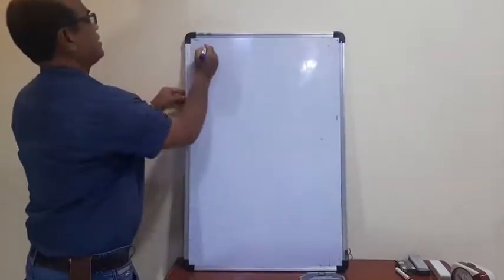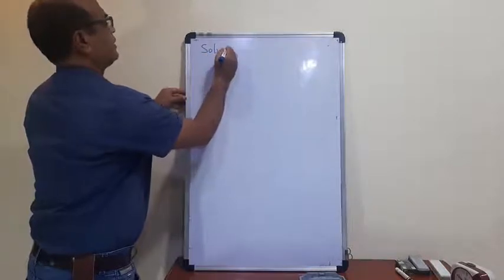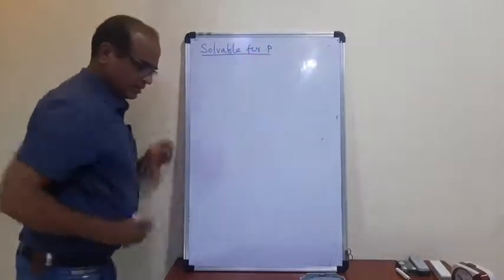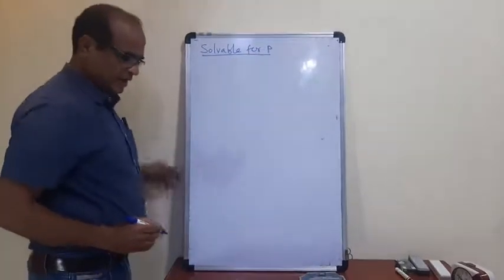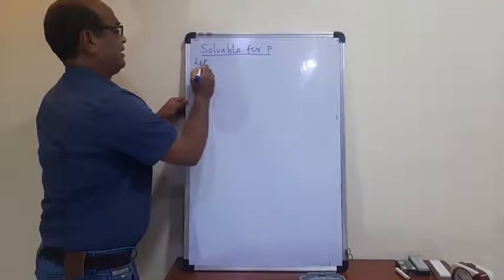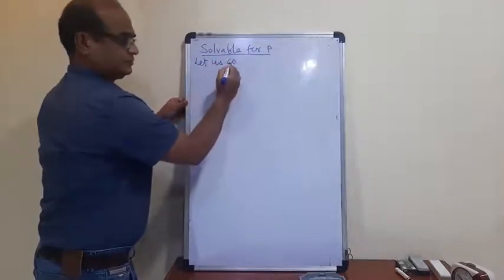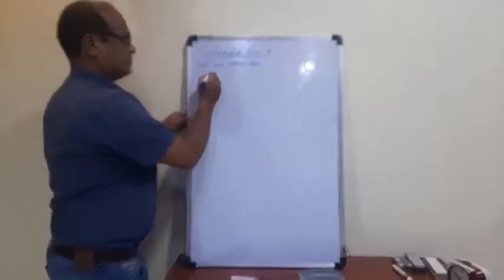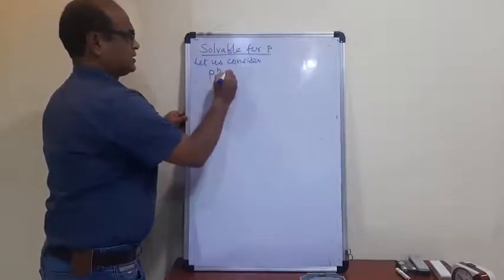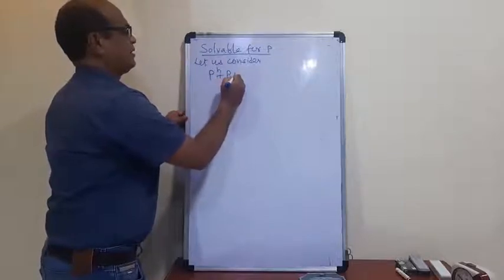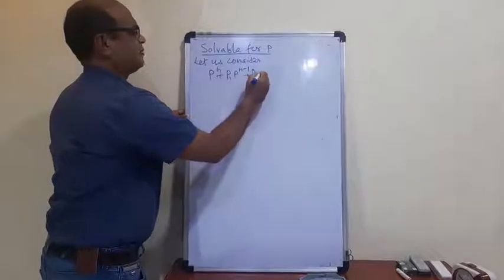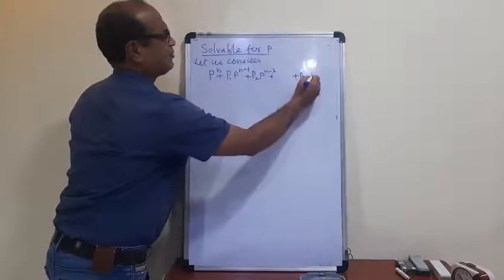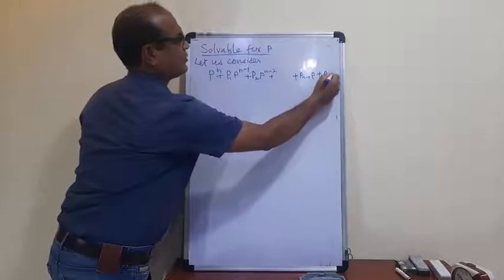Solvable for p. Okay. So let us consider again the equation p^n + p1 p^(n-1) + p2 p^(n-2) and so on, p(n-1) p + pn = 0.